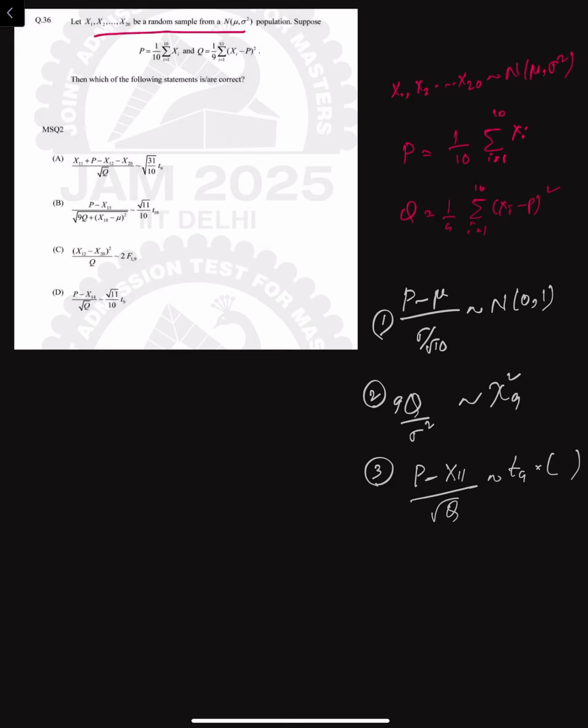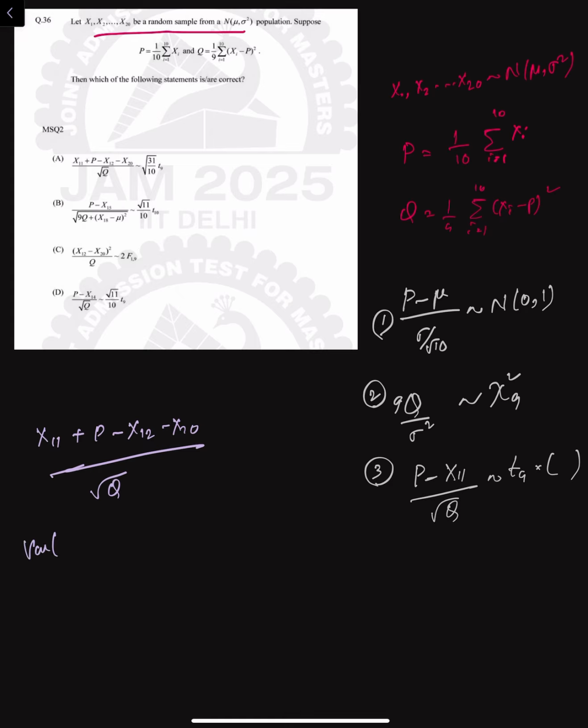Now if we consider the first option, we have x11 plus p minus x12 minus x20 by square root of q. The numerator is a sum or difference of 4 IID normal(mu, sigma squared).